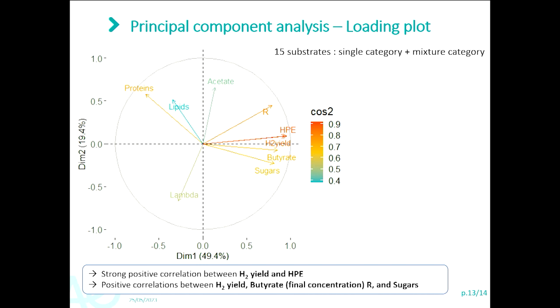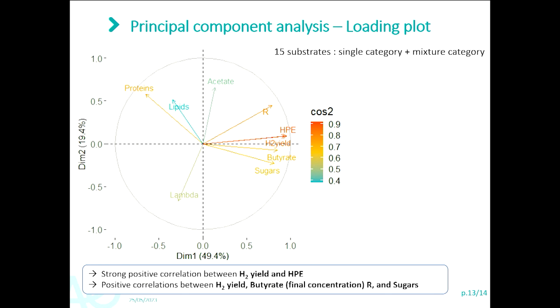As a final figure, we also realized a principal component analysis to observe potential interactions between different variables for all 15 substrates. As you can see here, there is no significant correlation between the content of proteins, lipids, and hydrogen yield.